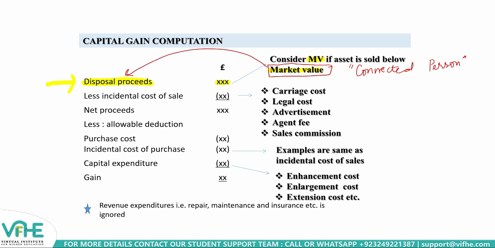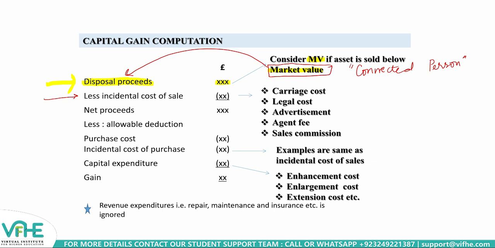Now, once we have seen what the disposal proceeds are, we need to see how much cost has been incurred by the donor of the asset, by the person who is selling off the asset, in order to make the sale possible.